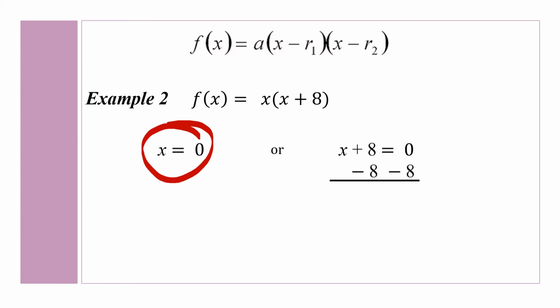And the second one, subtract 8 from both sides. X is equal to negative 8. So our zeros, or x-intercepts, would be 0, negative 8. And this parabola is going to open up because in front of the x value, a is 1, and it's positive.